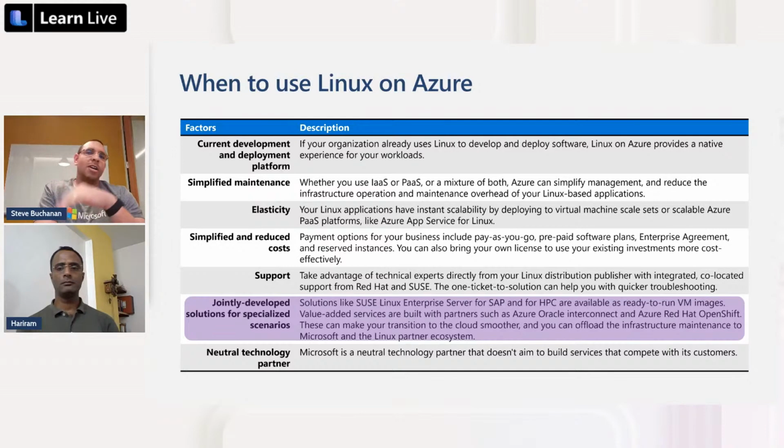I'm not going to read this entire list, but the first one is jointly developed solutions for specialized scenarios. A really common one is SAP on Azure. SUSE and even Red Hat have VMs in Azure that are fit and supported for SAP. When I was working with Fortune 500 organizations, one of the big requirements up front is you have to have an OS that supports SAP to make sure that your SAP instances are supported from SAP itself.